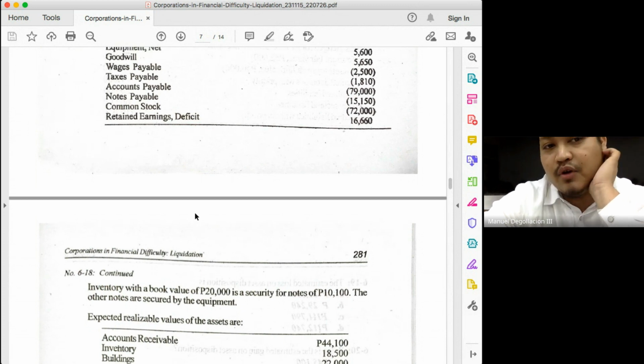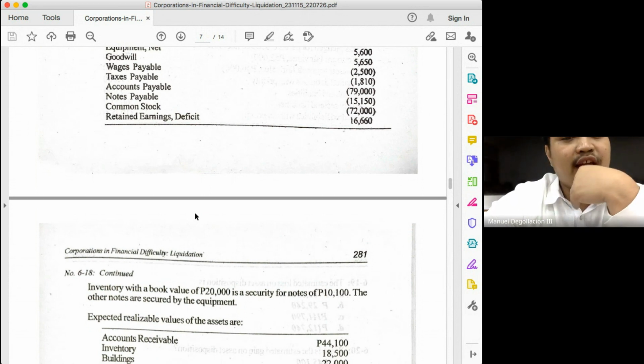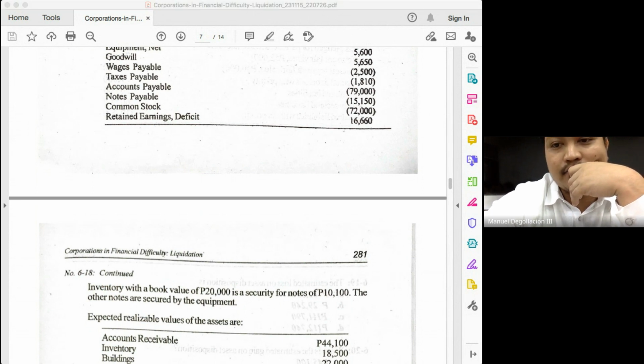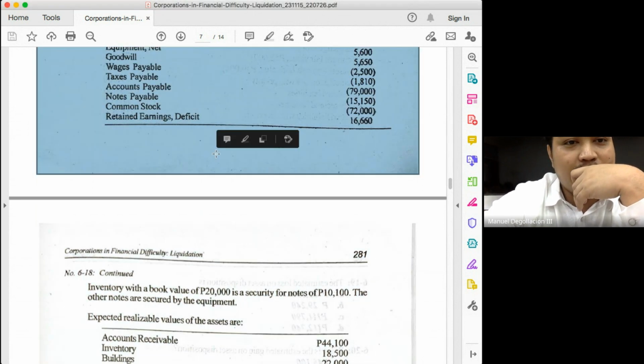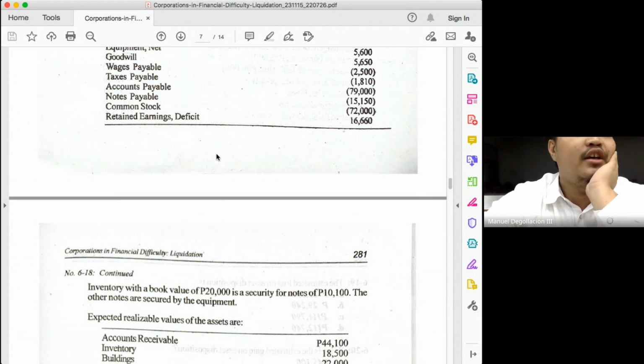Okay, but is it fully or partially secured? The security is only 10,100, and then the amount of liability is 15,150. So it is secured, but it is only partially secured.